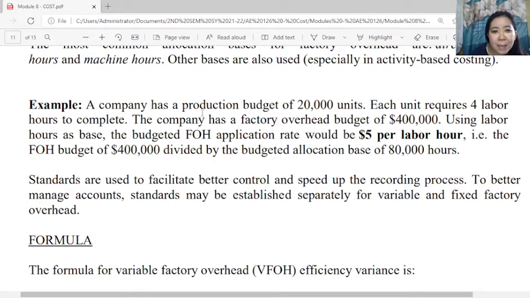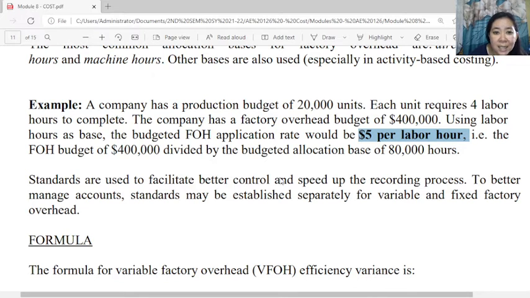A company has a production budget of 20,000 units. Each unit requires 4 labor hours to complete. The company has a factory overhead budget of 400,000. They are using labor hours as their basis. So the budgeted factory overhead application rate is 5 per labor hour.